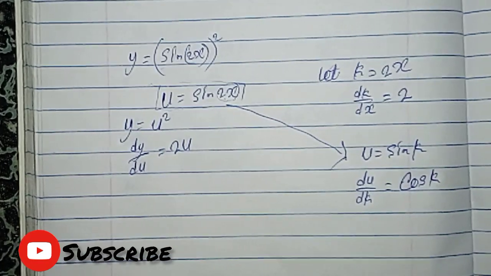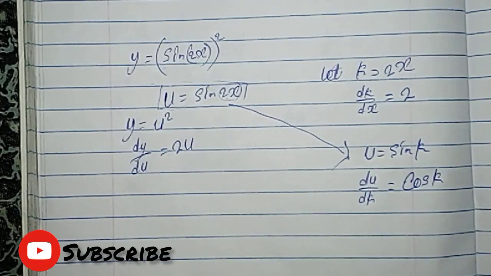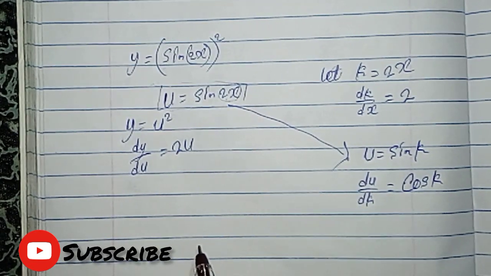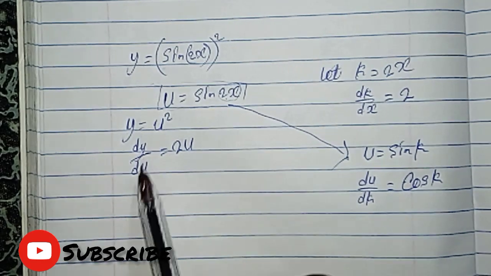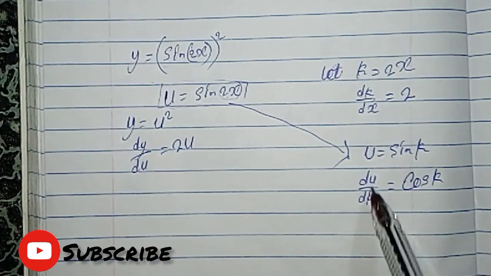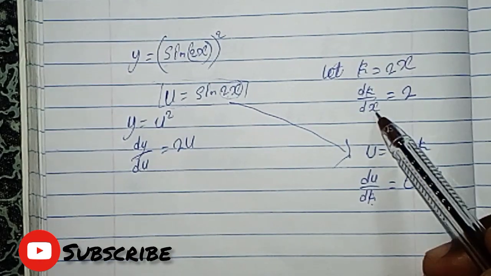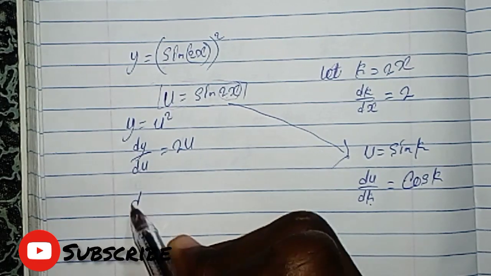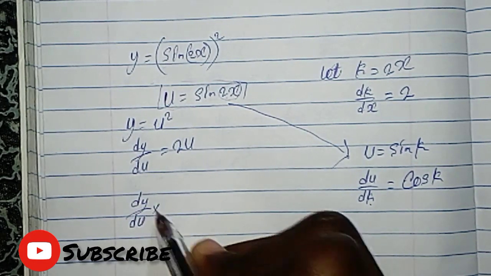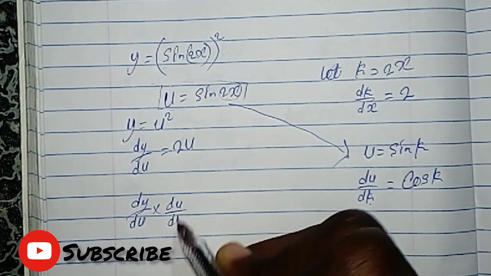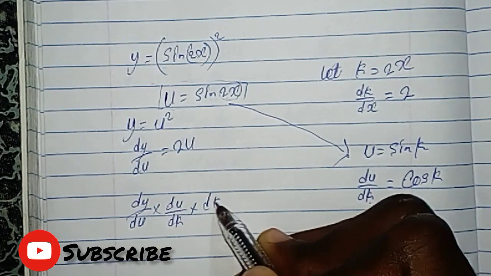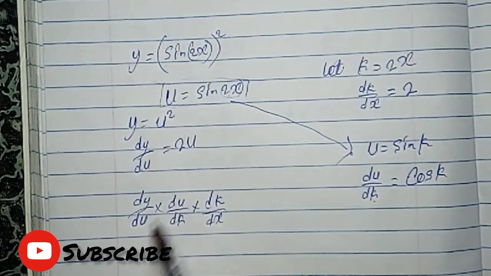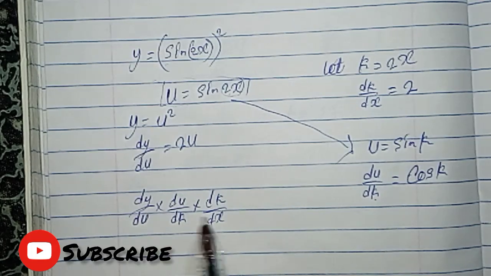Remember from the illustration I gave earlier, from the start of this video, I said we can say dy/dx equals dy/du times du/dk times dk/dx. When they all multiply themselves, this cancels out, this cancels out, and you get back your dy/dx, right?